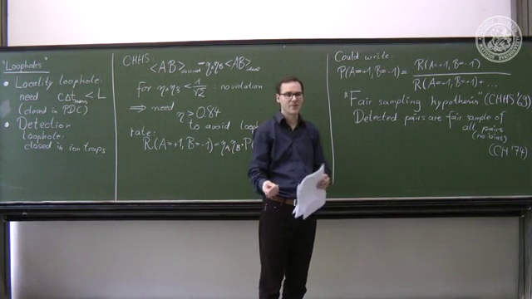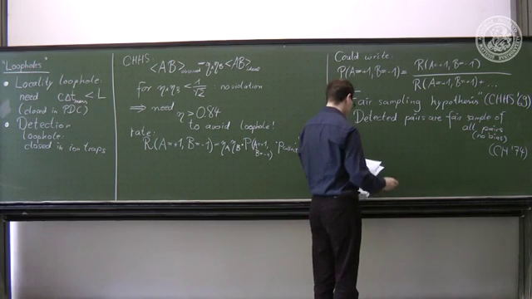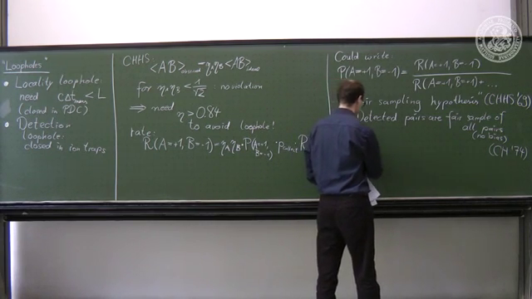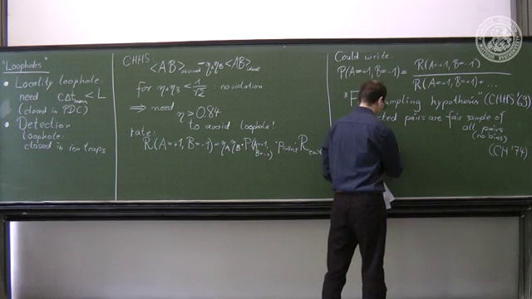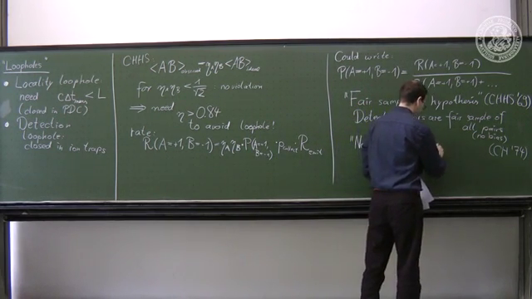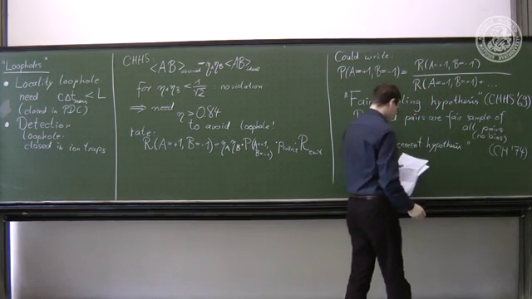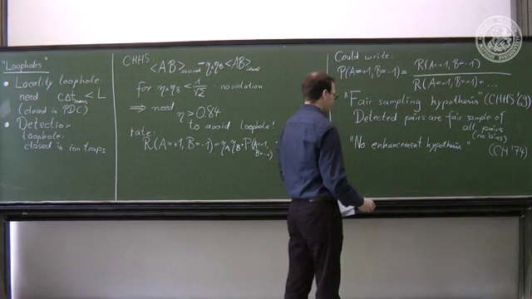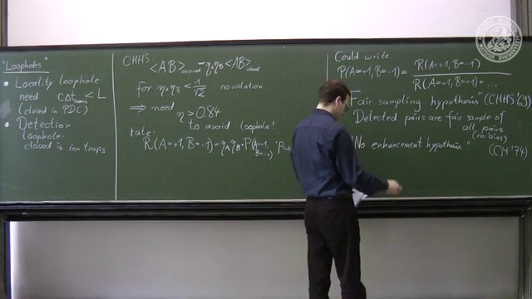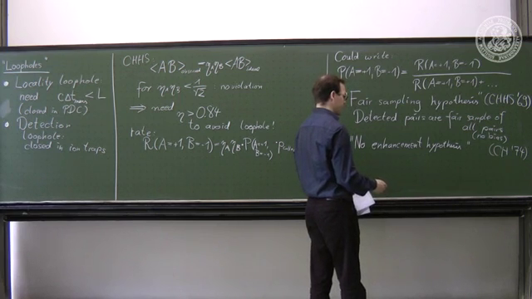That would sound stupid, wouldn't it? So that is their particular assumption, and it's called the no enhancement hypothesis. So again, in words, if I put in a polarizer, I do not enhance the detection probability.